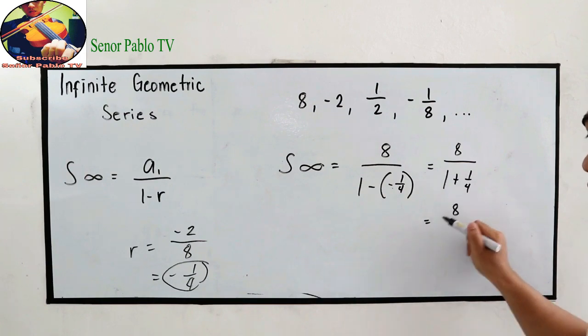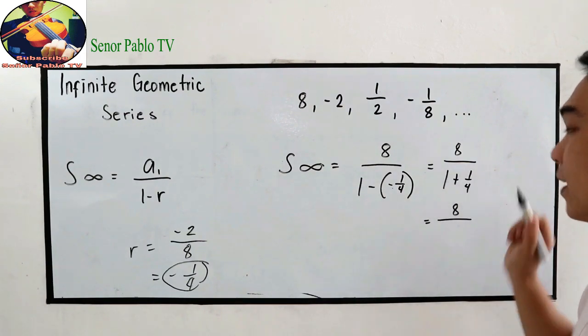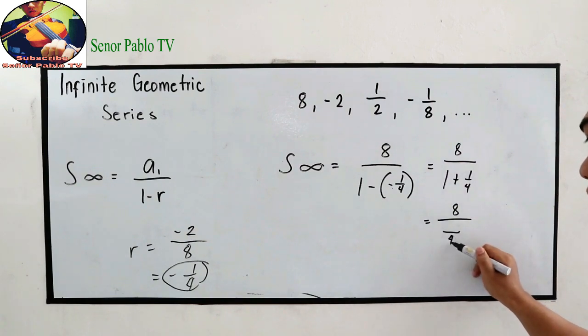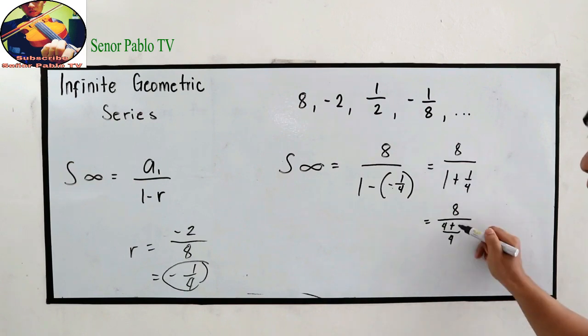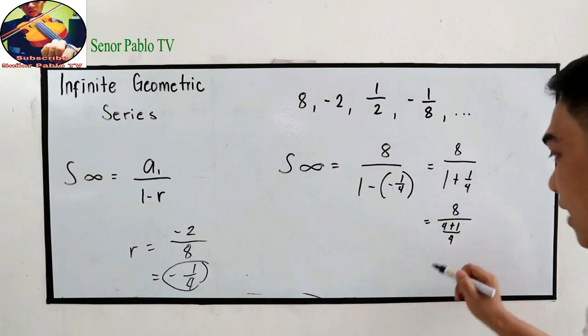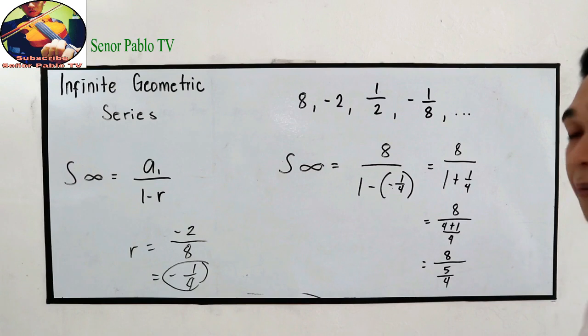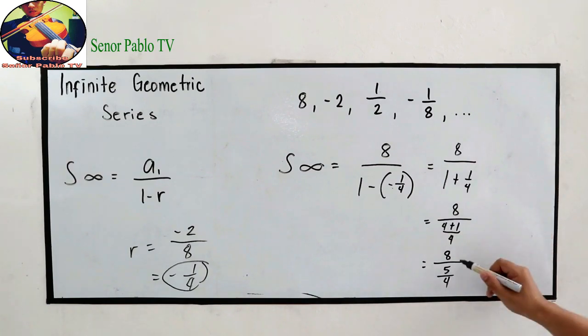So, 8 over 1 plus 1/4. So, LCD is 4. 4 times 1, 4 plus 1, copy 4. We have 8 over 4 plus 1, 5 over 4. Fraction tayo.